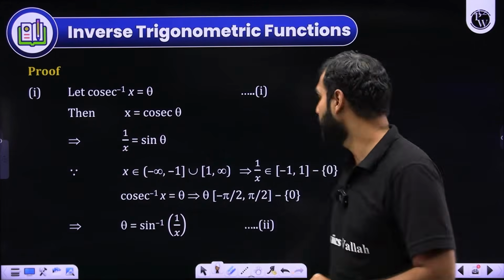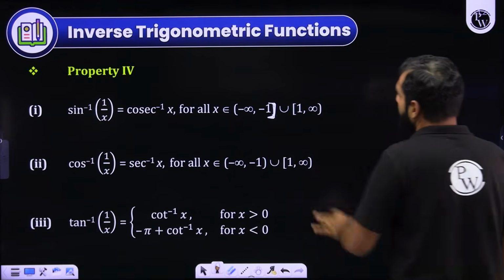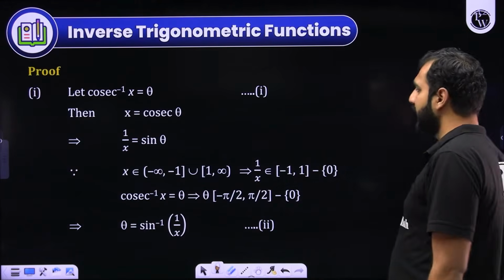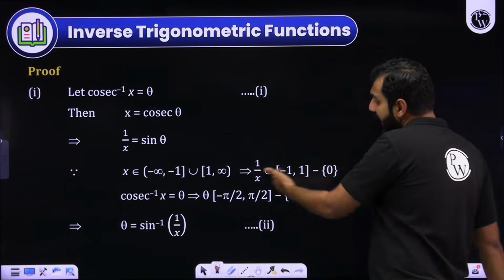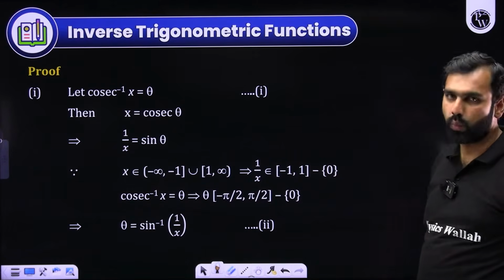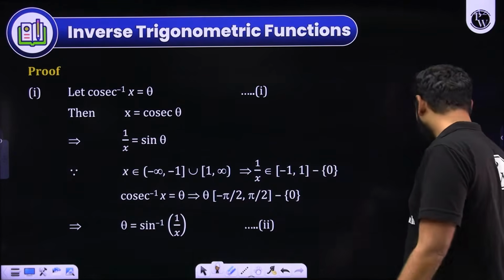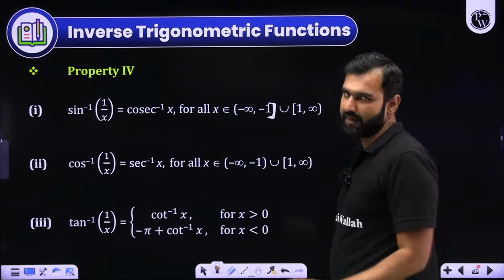Now, please remember the discussion we were having. We have taken x from minus infinity to minus 1 and 1 to infinity. That means 1 by x will be from minus 1 to 1. Of course, I have to exclude 0 from here. I hope you're getting it.